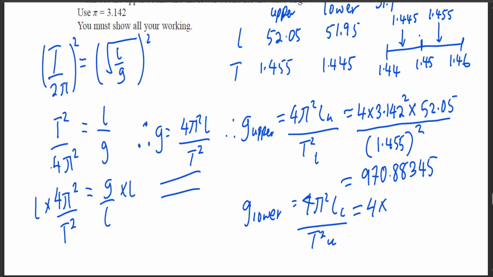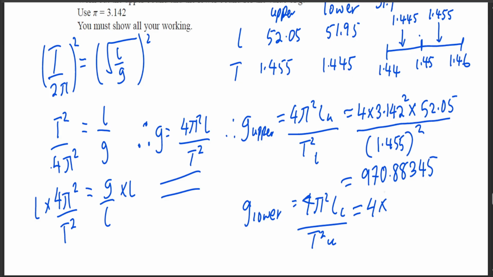Sorry, I think I did something wrong. For the upper bound of G we said T squared lower bound, so I'm supposed to write 1.445. So the answer isn't this.